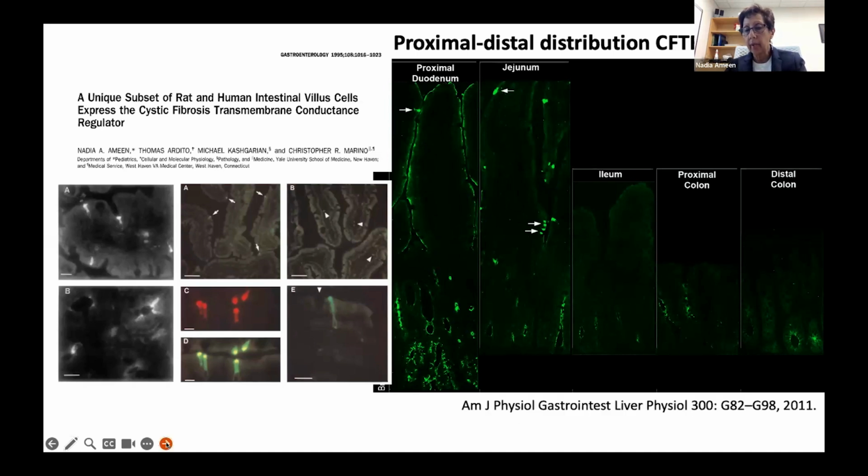Those are published data. I then went on to look in the mouse intestine, and what we found was that the CFTR distribution in the mouse intestine is similar to that in the rat, except that these cells were absent in the mouse intestine. Those observations were published.